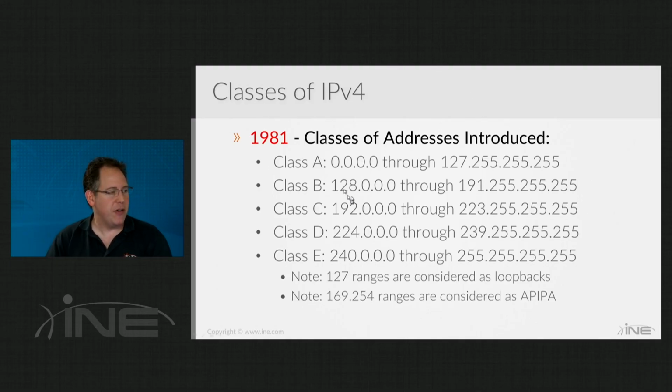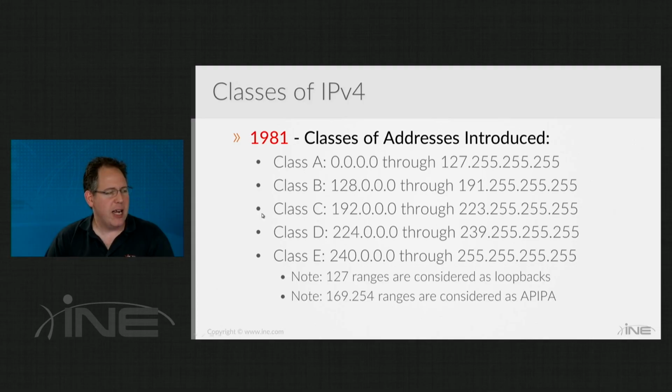In a Class B address, instead of the first 8 bits representing the network, the first half of the address, the first 16 bits, represent the network. In a Class C address, now 75% of the bits represent the network. The first 24 bits represent the network, and only the last 8 bits represent hosts.